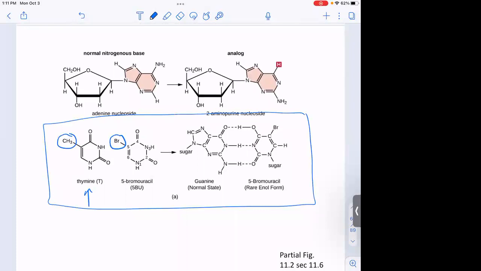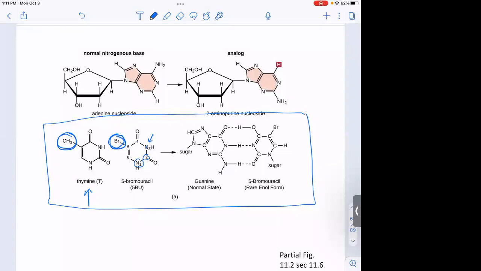Okay, this is a little bit confusing here. The numbers, 1, 2, 3, 4, 5, 6, it's just numbering the position there. This is not three nitrogens and a hydrogen. It's just again numbering the position. So the only difference here is again that methyl group.